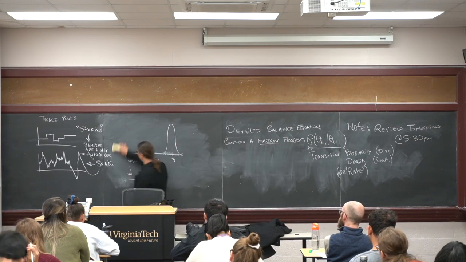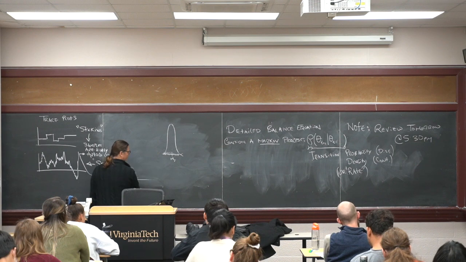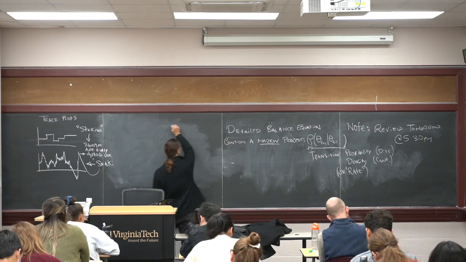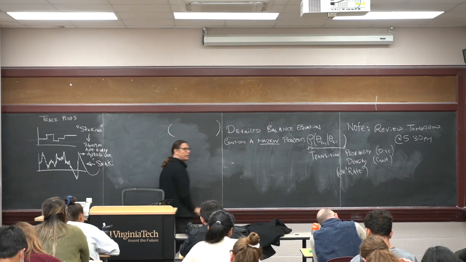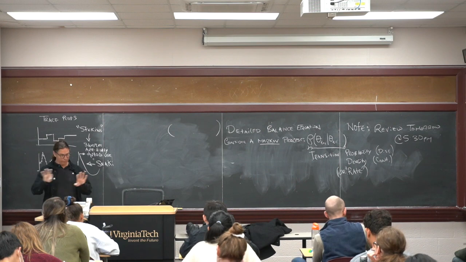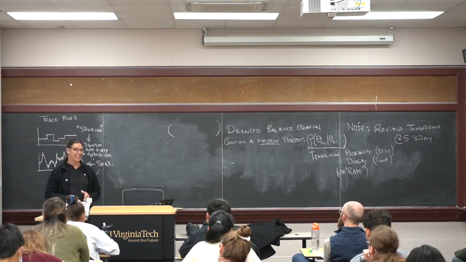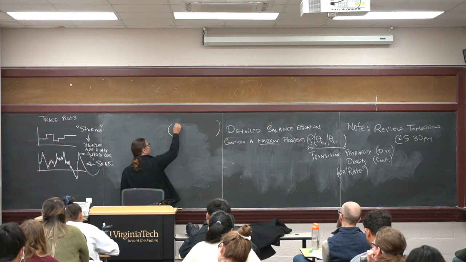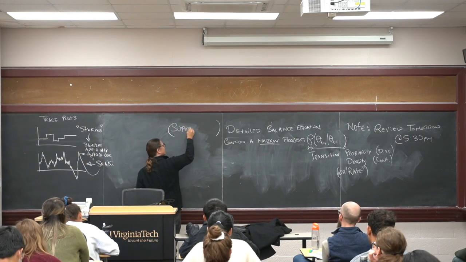So this is the detailed balance equation. And I want you to remember this equation because this is the equation that you need to verify to show that your proposal scheme ends up giving samples from the target distribution, i.e. your Metropolis-Hastings sampler works. So I'm going to call this the super equation.